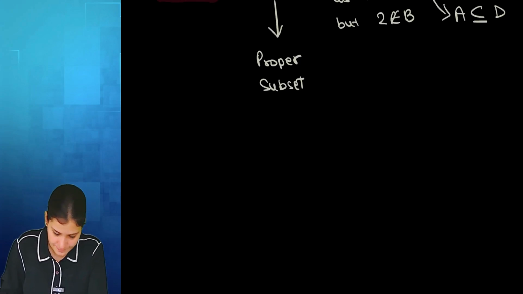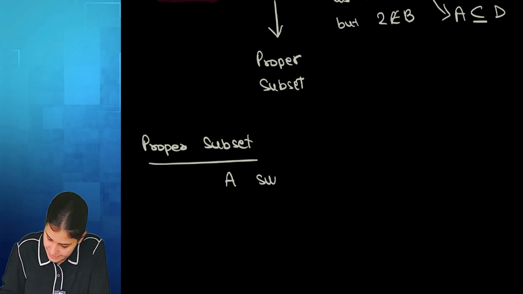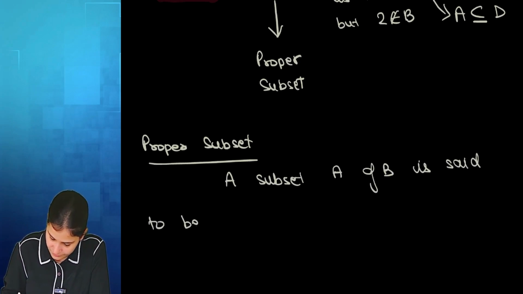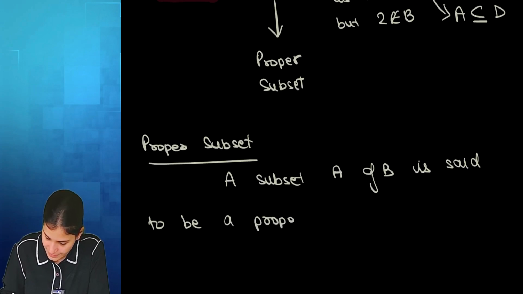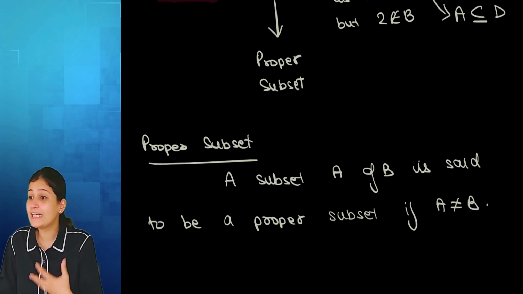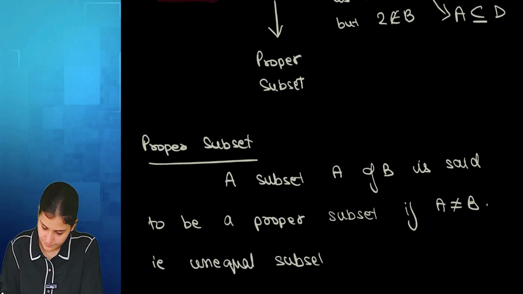So when I say proper subset, a subset A of B is said to be a proper subset if A is not equal to B. Unequal subsets are called proper subsets.